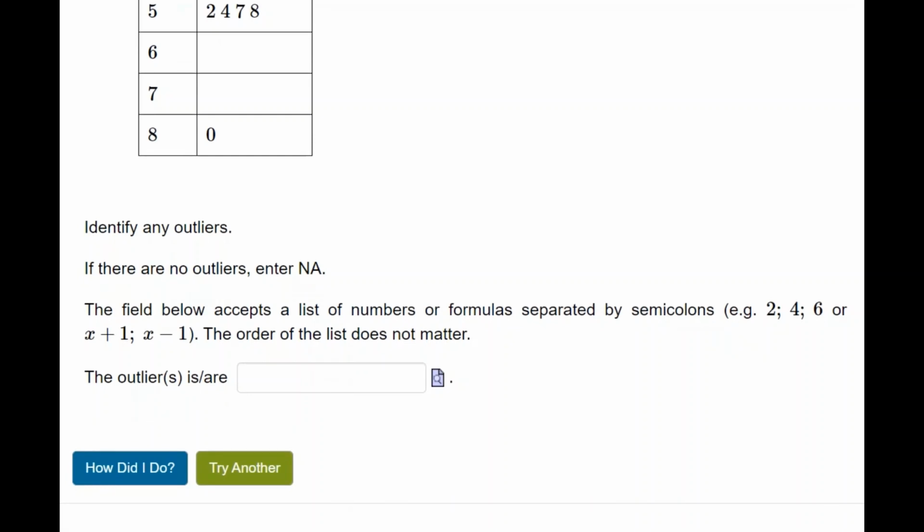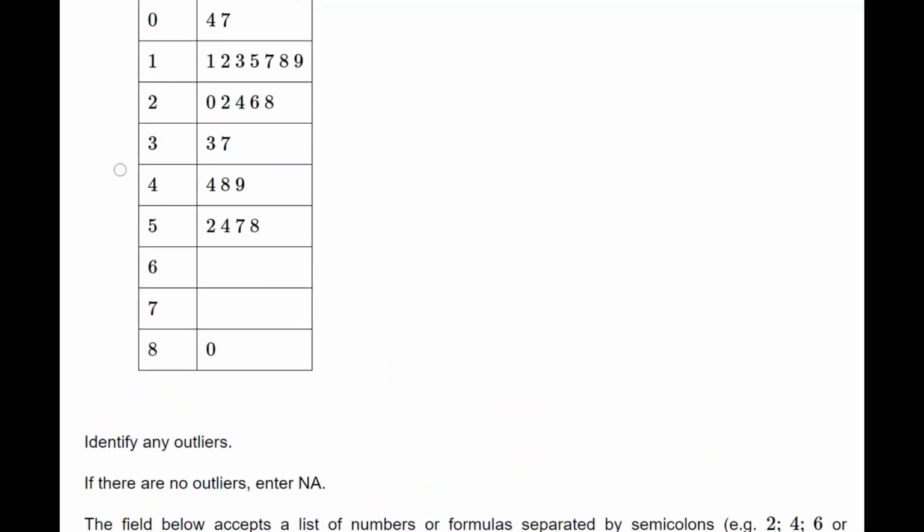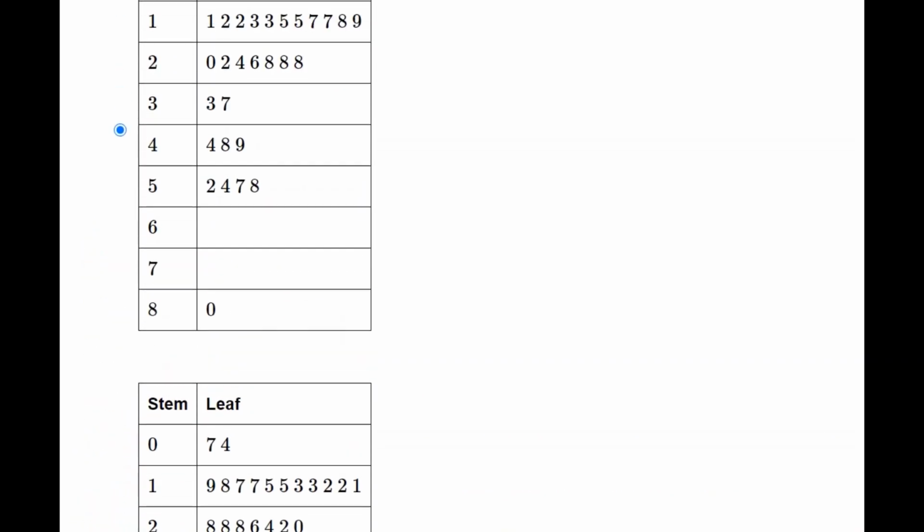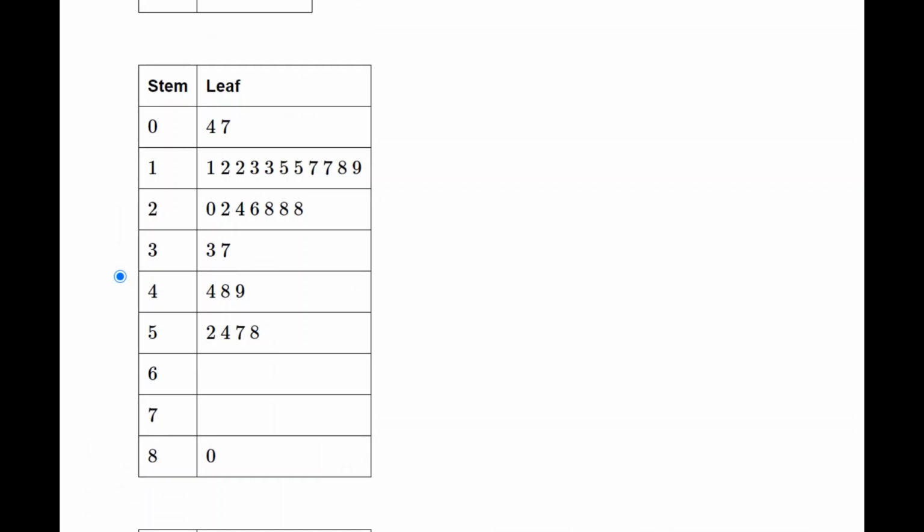We have to enter the number of outliers in this column, and if there are no outliers, we can enter NA as not applicable. Now there is also some information here for you to see that you can enter numbers separated by semicolons, and this is if there are multiple outliers. But from the data we see here in the plot, and the correct plot that we have identified, we see that most of the numbers stay within the range of 0 to 5.